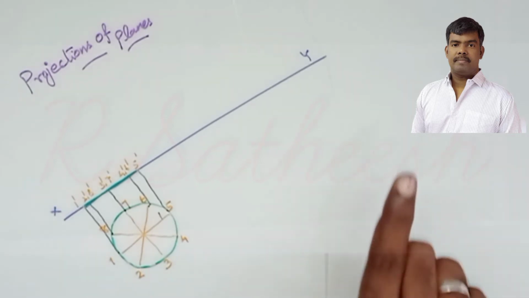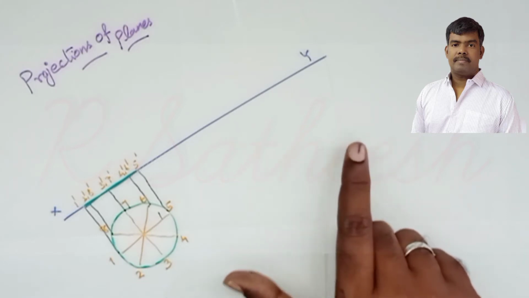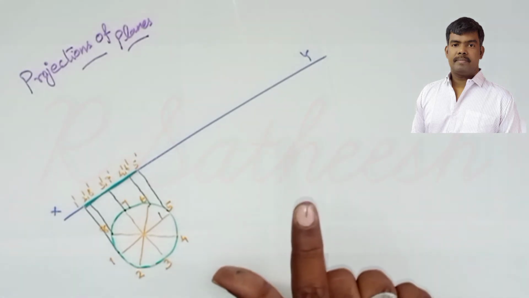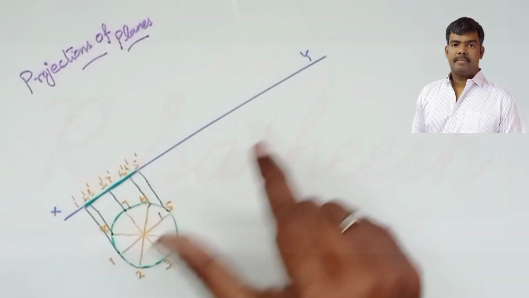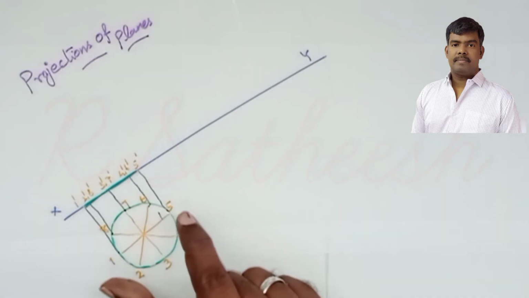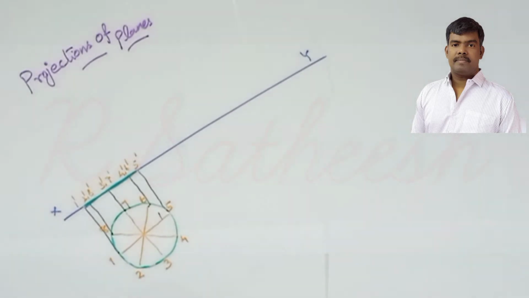Then the circular plate of 50 mm diameter lies on HP such that the surface is inclined 45 degree to HP. At the time of inclination, only one point lies on HP. So while tilting that plane, the diameter 1 and 5, number 1 lies on HP. Therefore, you draw that.